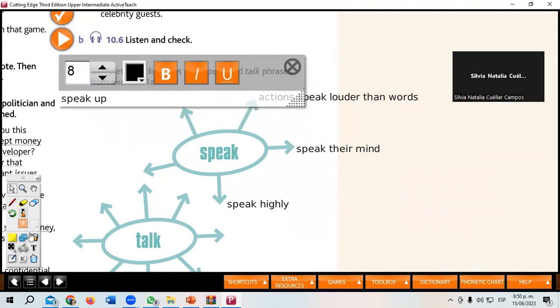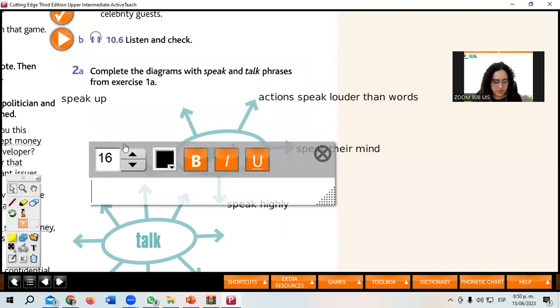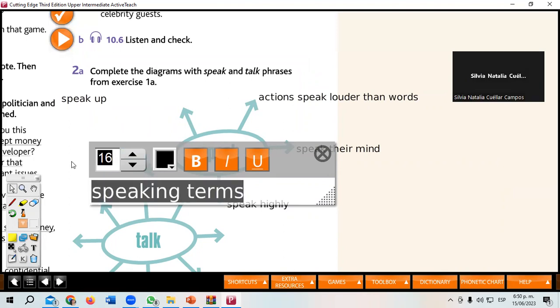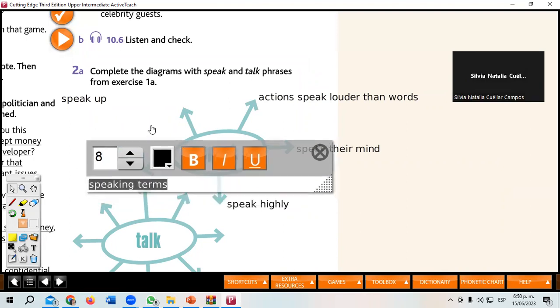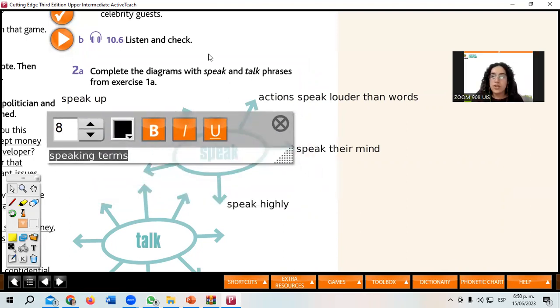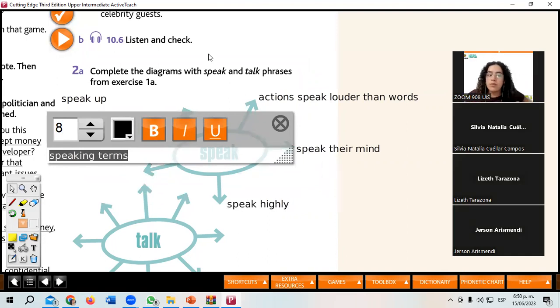On speaking terms. Teacher, what is that word? Speaking terms. So, for example, when you fight with your mom or with your sister or brother and you don't speak to each other for maybe 1 day or 2, you can say, we are not on speaking terms.